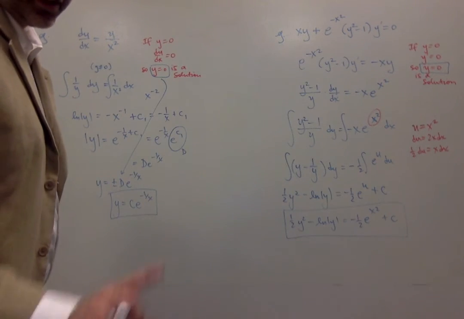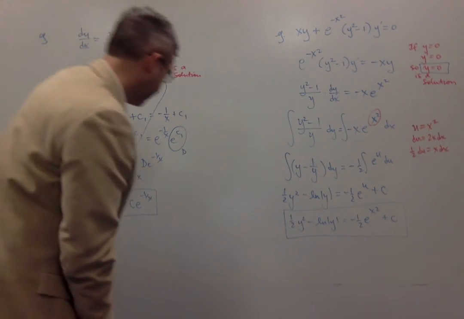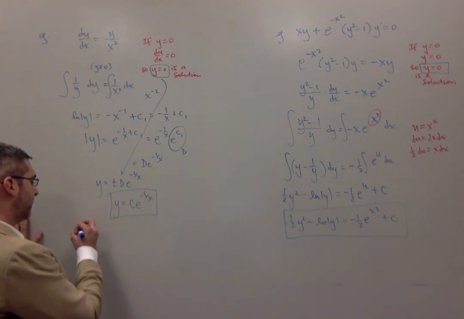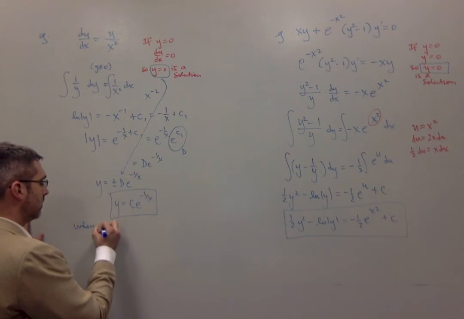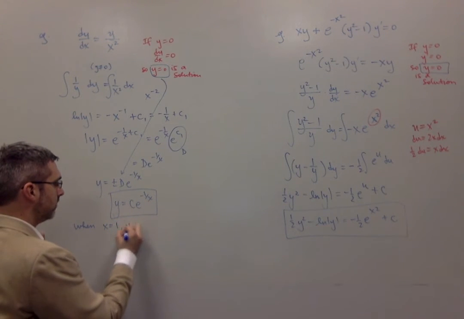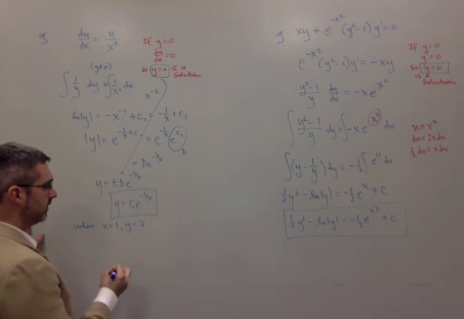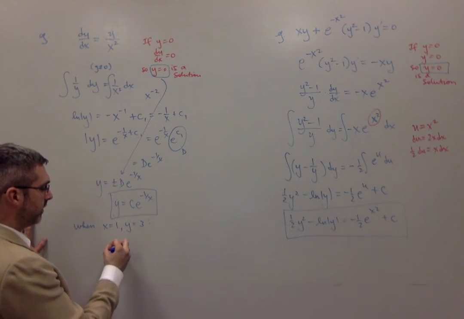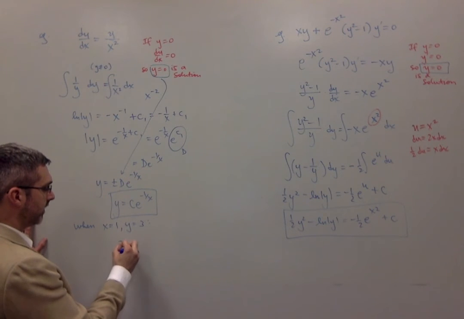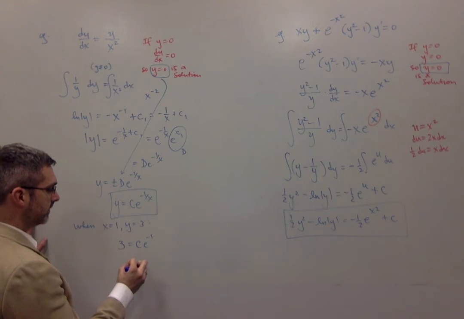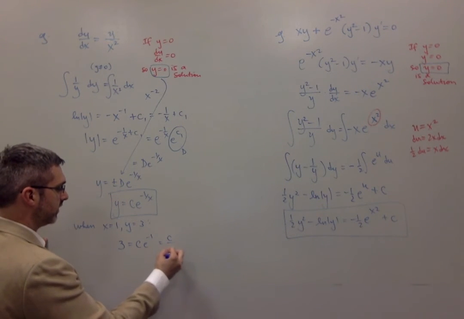And now if I gave you, if additionally, like at the beginning of the problem, or as kind of like a part B, I said when x equals 1, y equals 3, and I said what is the particular solution, then what we would do here is we would plug in y equals 3 and x equals 1, so e to the minus 1, which is 1 over e.